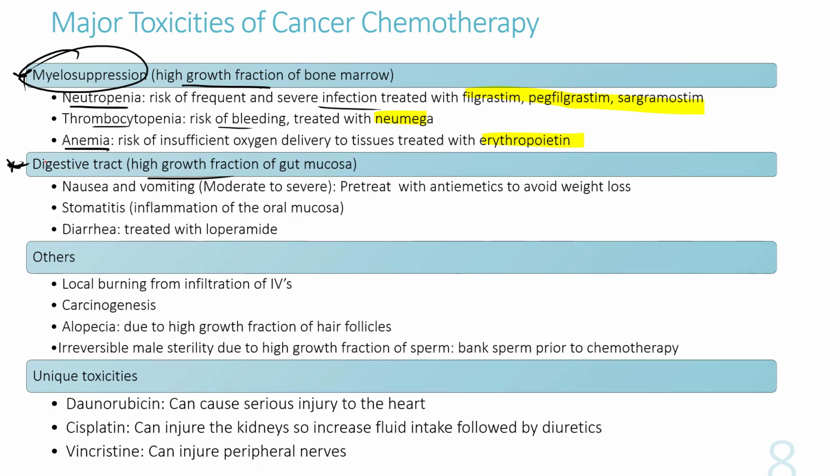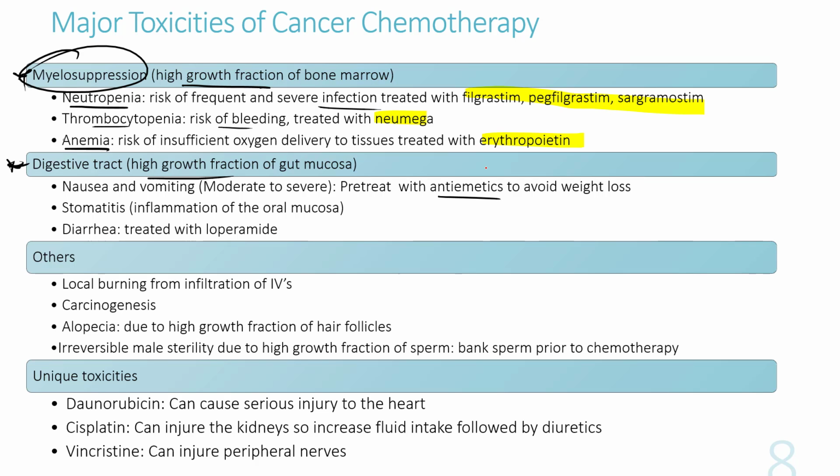The other thing is that chemotherapy also reduces the rate of division of epithelial cells within the digestive tract, and so that might lead to nausea and vomiting. Again, this can be treated with antiemetics, because the logic is that if you stop a person from feeling nauseous and vomiting, they're more likely to eat because they don't feel so sick.